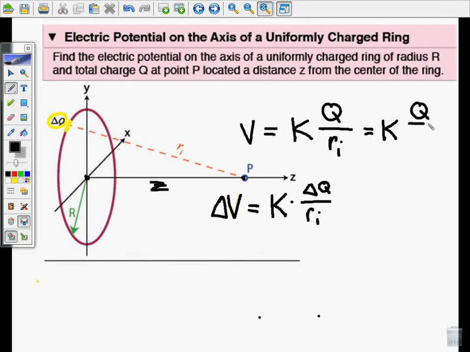KQ over R cos theta? No, you want that R sub i, you don't want to bring in theta. You want to do it in terms of Z and capital R. So then the square root of R squared plus Z squared.